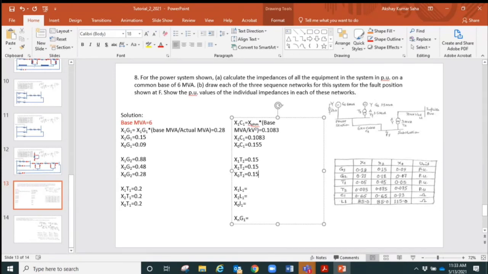So if it is given in ohm, we need to use that formula: x ohm times the base MVA over kilovolt squared, and then you can find the values.